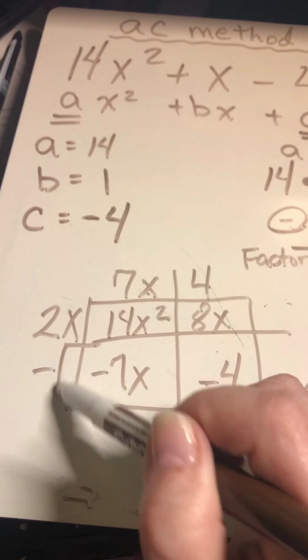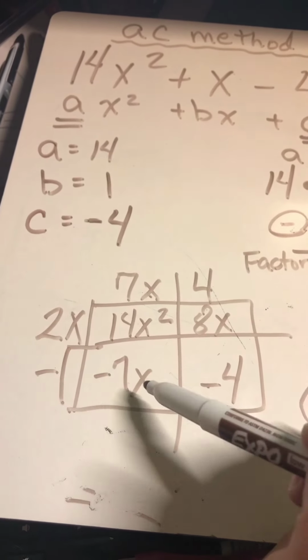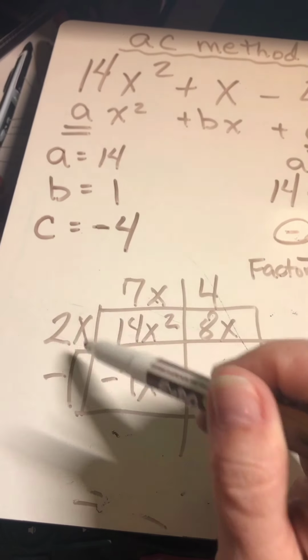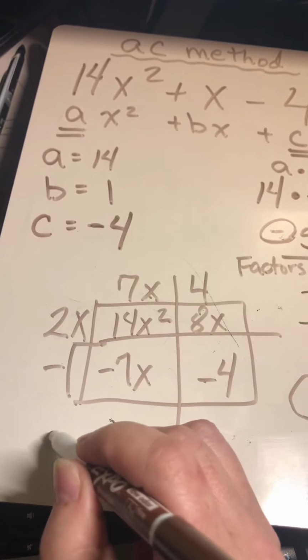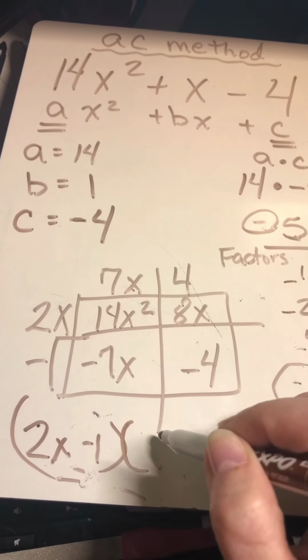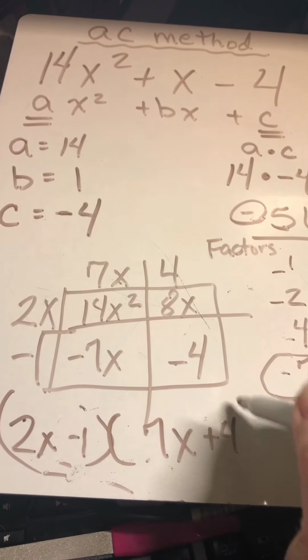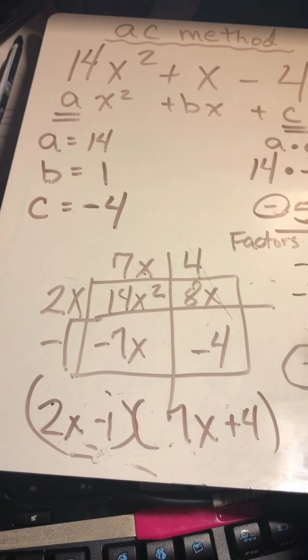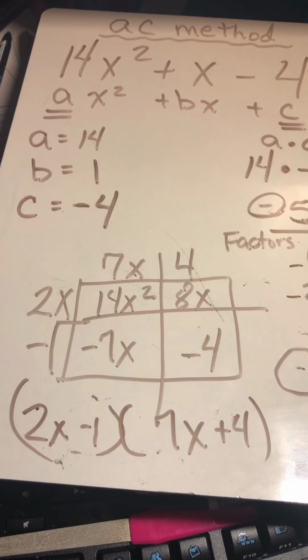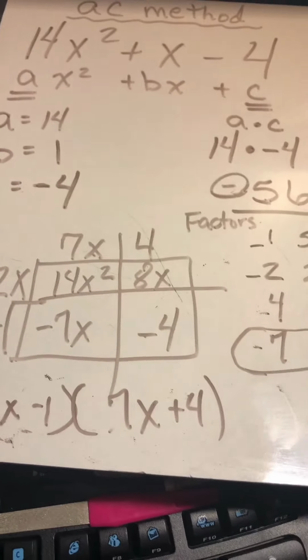That's negative 1. So if I did that right, then I can check. Negative 1 times 7x gives me negative 7x. So that works. So here's my two factors. 2x minus 1 and 7x plus 4, which is the same answer that I just got previously. I just organized it differently when I was trying to figure it out. Okay? I hope that helps, Ernesto.